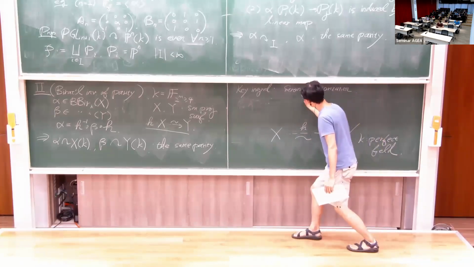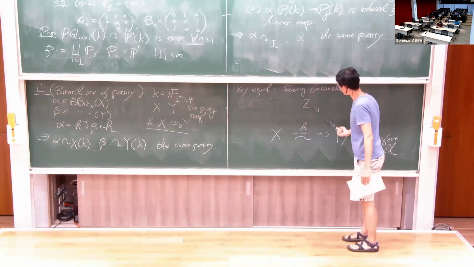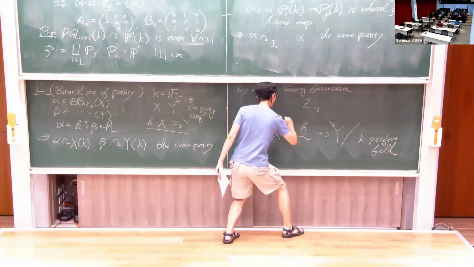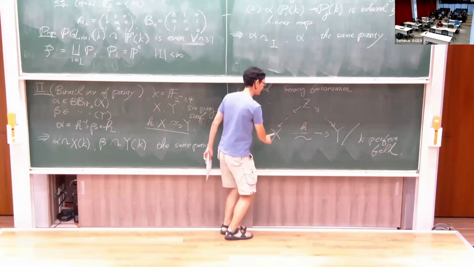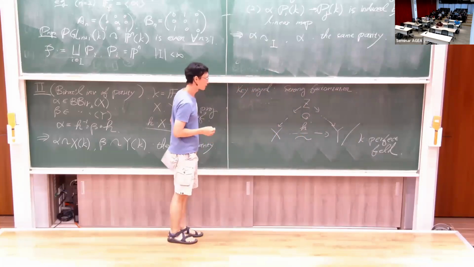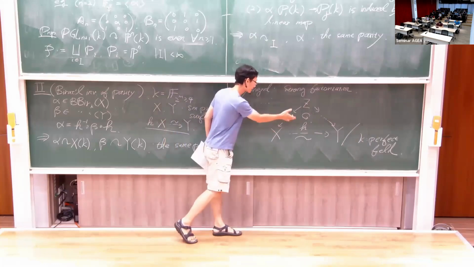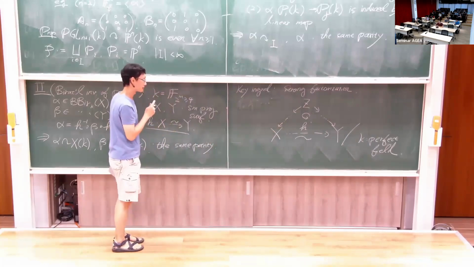So there exists another surface Z, which is obtained by a sequence of blowups from Y, and which is also blowups from X, such that this diagram commutes. So this is strong factorization. It says that any birational map between smooth projective surfaces over a perfect field can be factorized this way.